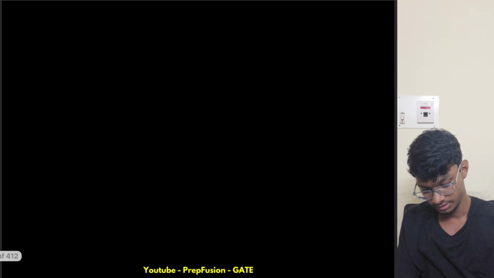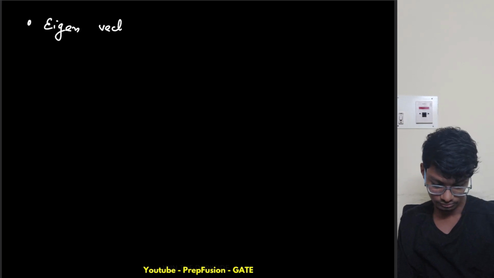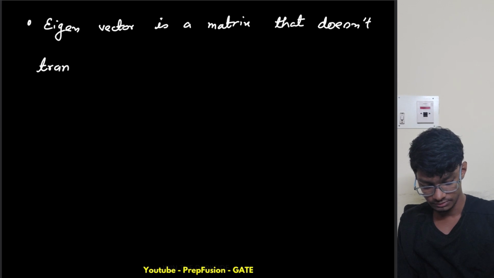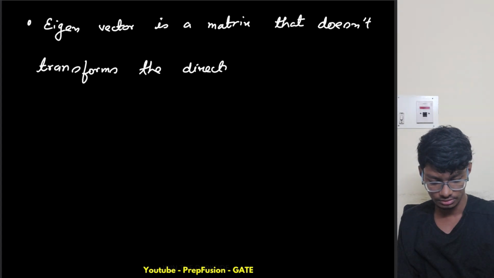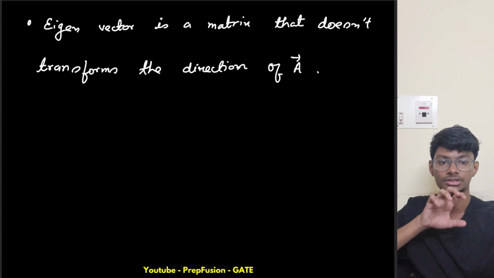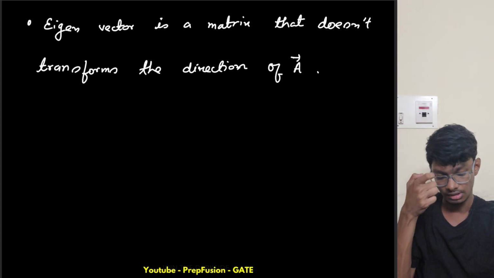So let me write another definition here: a vector that doesn't transform the direction of A. It just scales it. So yeah, this is basically known as the eigenvector.